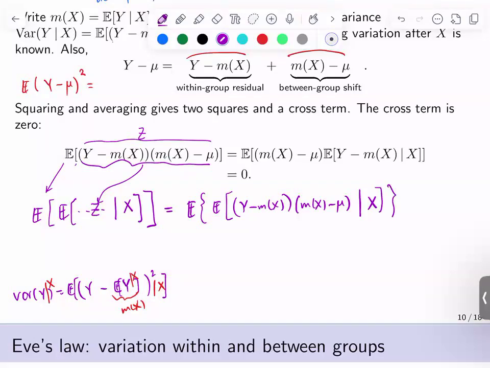And this thing is a function of x, because mu is constant and m of x is constant. So this comes out; I can pull it out here. What I get is the expectation of m of x minus mu times whatever is left, which I'm going to leave under the conditional expectation: y minus m of x.